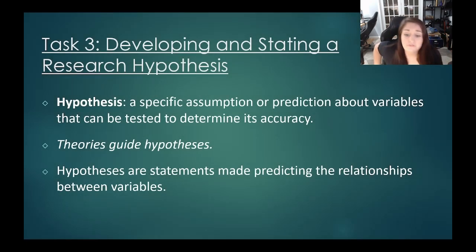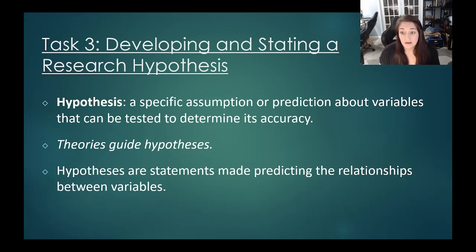So once you've done, like I said, what the majority of the research process takes in terms of time, that reviewing and reading and researching, etc., you now have come to a point where you could probably complete the third task of stage 1. Okay, that's actually developing and stating the research hypothesis itself.